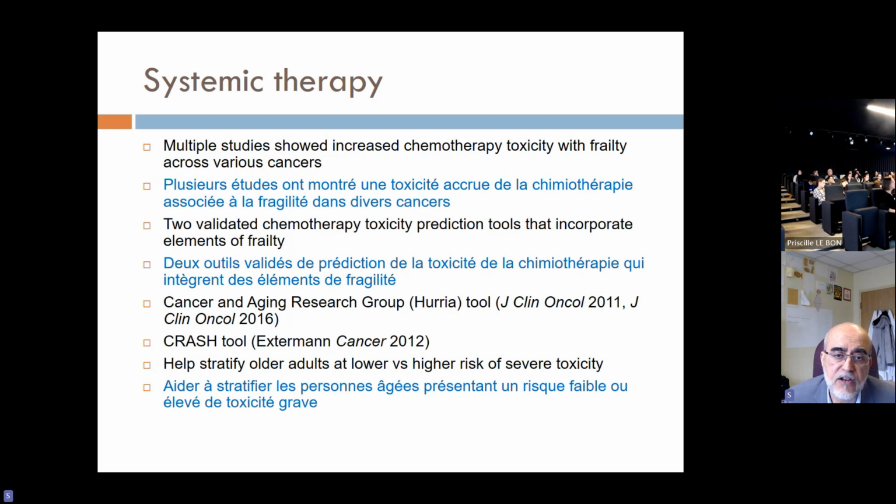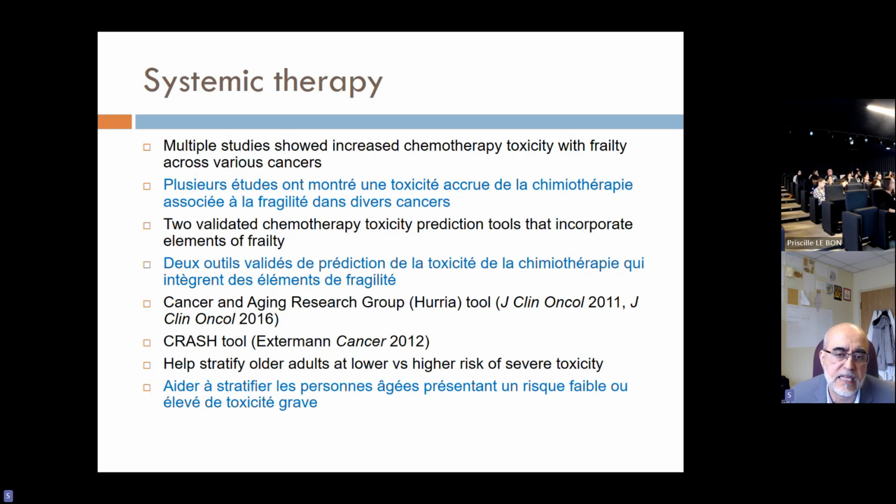In terms of chemotherapy, we have a lot more data. We have multiple studies that have shown across various cancers that chemotherapy toxicity goes up with frailty. There is no question, no uncertainty. I know that earlier today in the conference, there was a presentation about chemotherapy toxicity prediction tools, and I believe they discussed the CARG tool as well as the CRASH tool.